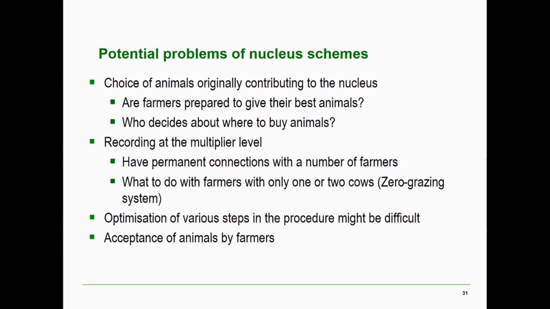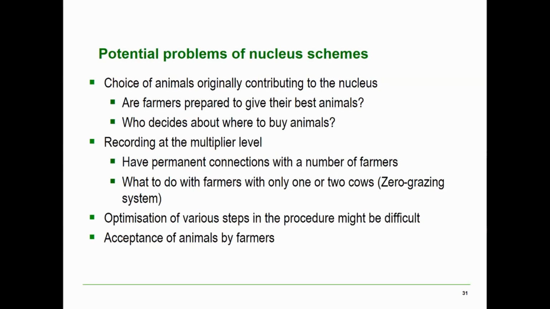Also, the multiplier level has its other specific challenges with the connections with the farmers, and when it comes to very small farmers with just a few animals, these approaches might not be the best to use.